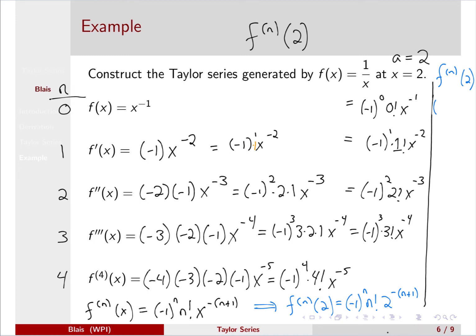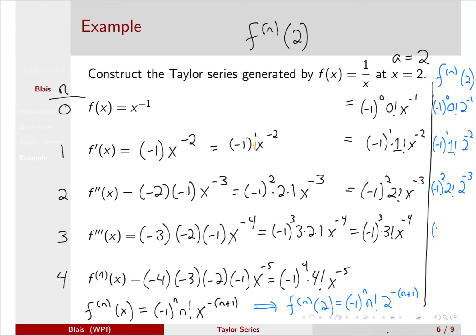So for this first term, we'll have minus 1 to the 0, 0 factorial, 2 to the minus 1. Here, we get minus 1 to the 1 times 1 factorial, 2 to the minus 2. Minus 1 squared times 2 factorial, 2 to the minus 3.